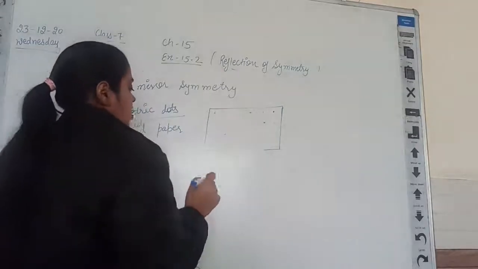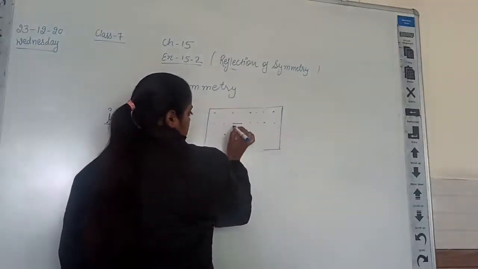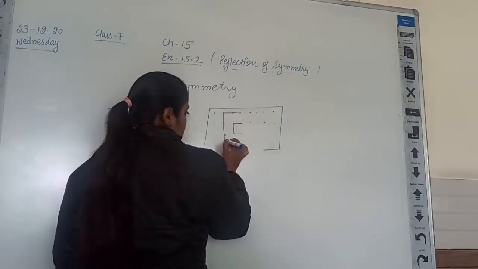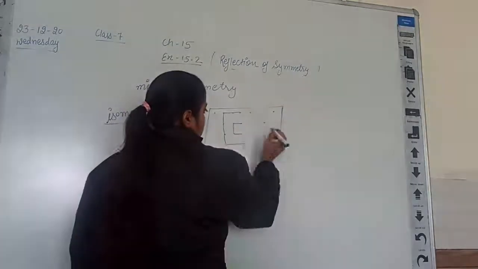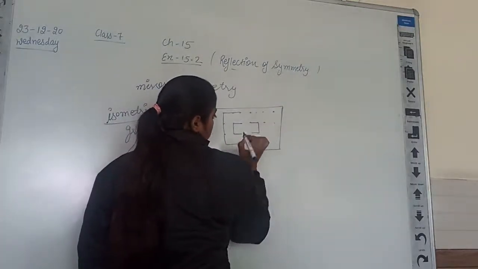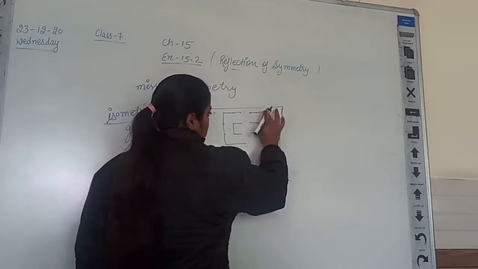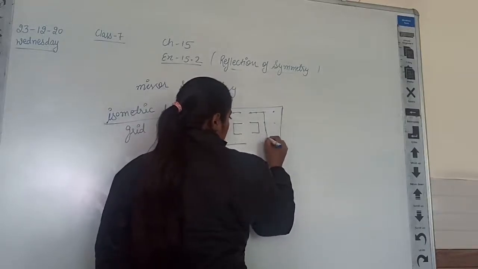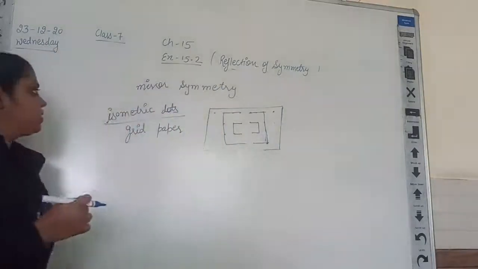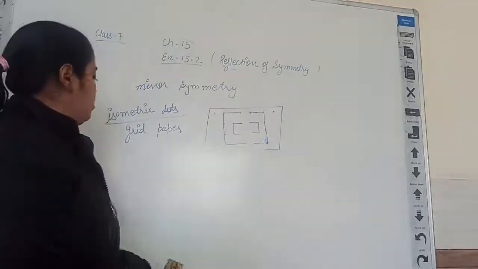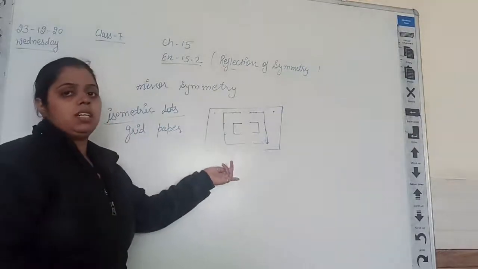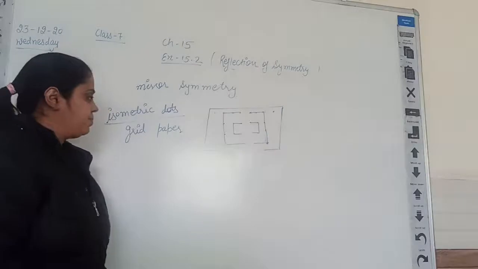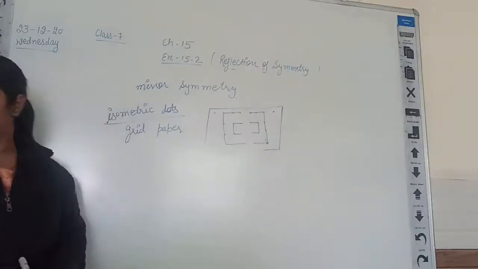Now, if I join this one and this one, then this one, right? Same, this side also I can draw by joining the dots, right? So this is what we call isometric dots. With the help of isometric dots, we can create a pattern or an object which is identical to each other.